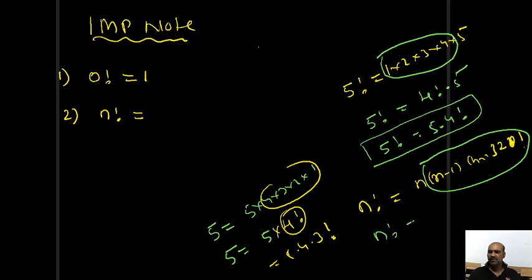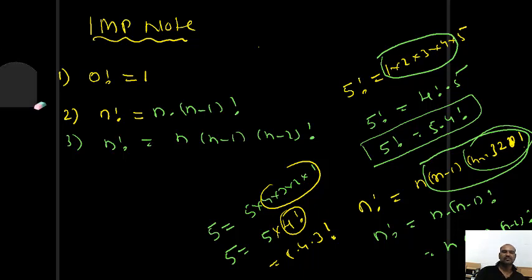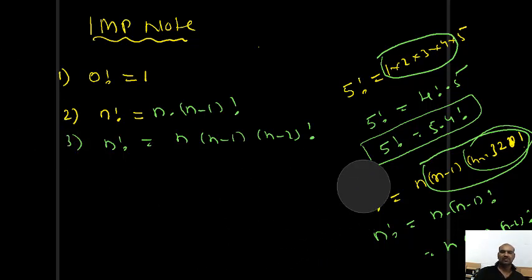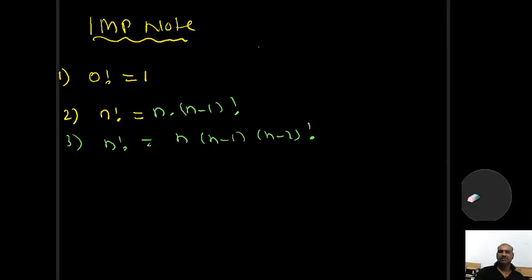So n factorial can be written as n into n minus 1 factorial. Note 3: n factorial means n into n minus 1 into n minus 2 factorial, you can also write. So this is the concept of factorial.